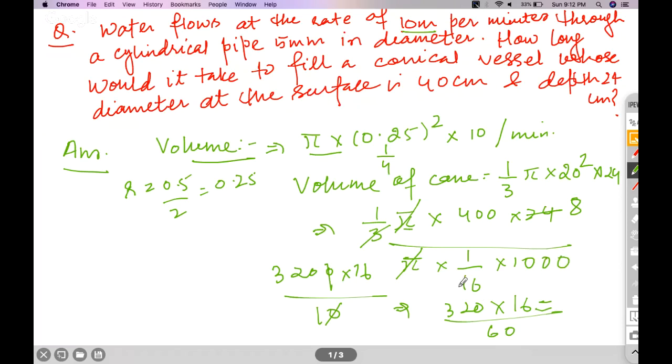So I'll add two more zeros here, divided by 100 also. So this gives me 3.2 into 16, which is nothing but 51.2 minutes. So 0.2 minutes is nothing but 51 minutes and 12 seconds. So this is your answer.